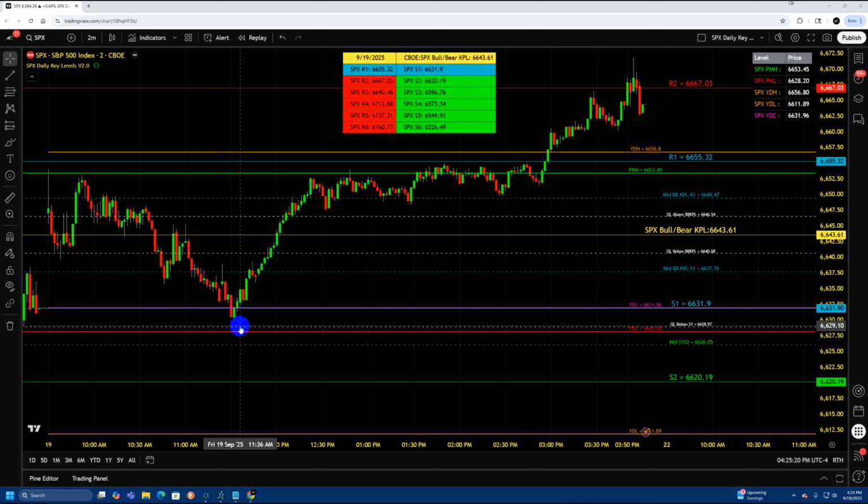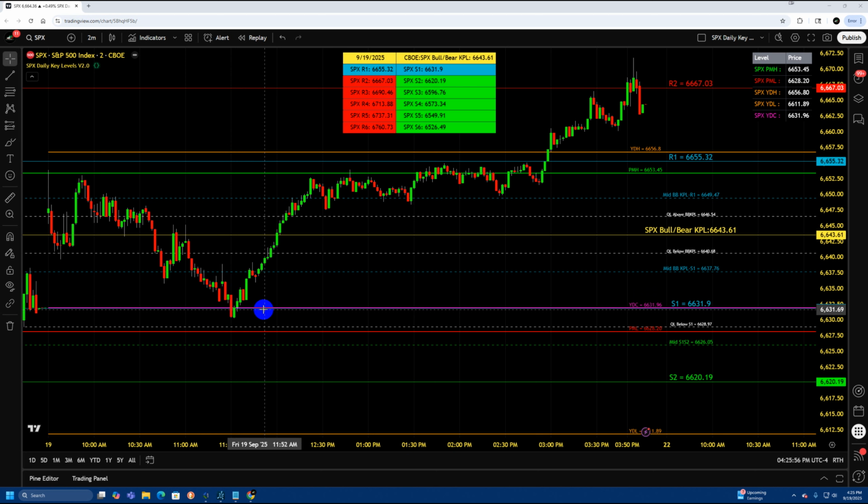Your tight stop loss on any long entry, regardless of which level you're taking your long entry from, is the first quarter level below the level that you're taking the entry from, the main level.